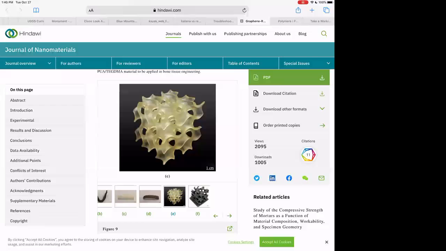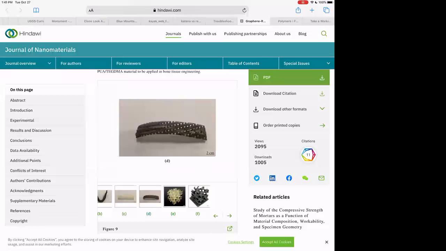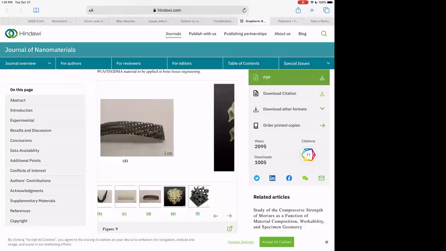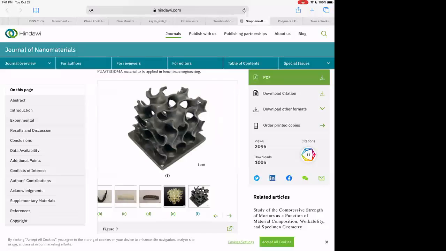Usually when you see something black like this that's made from a commodity polymer, it likely is filled with carbon because carbon is a pretty inexpensive filler, and of course it makes things black. They're able to get enough graphene in here with enough fidelity of 3D printing that they can print some reasonable things.